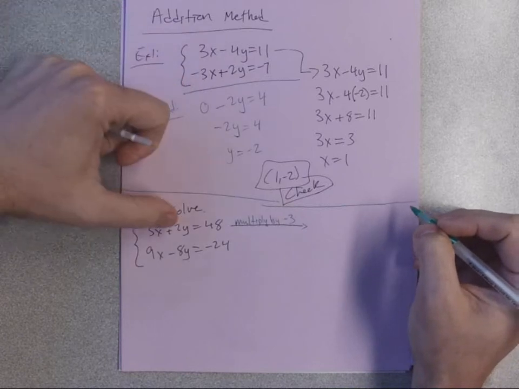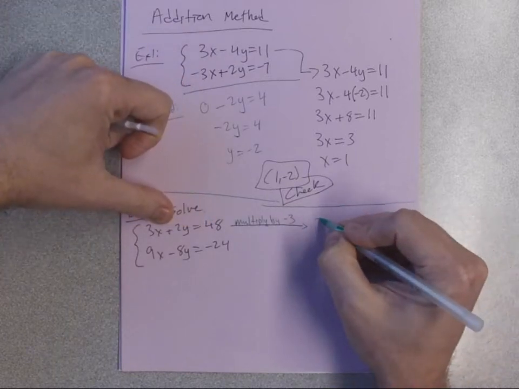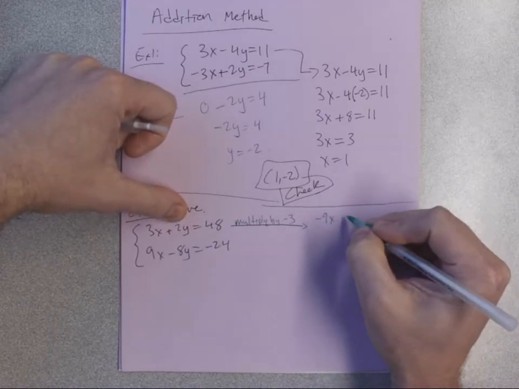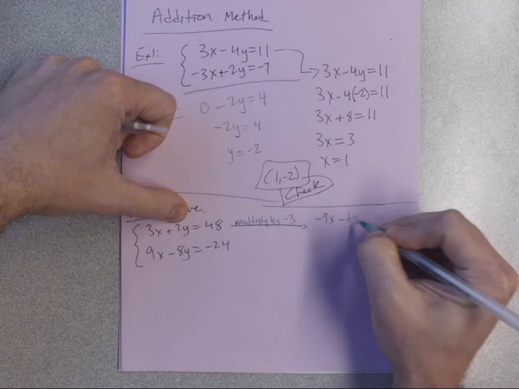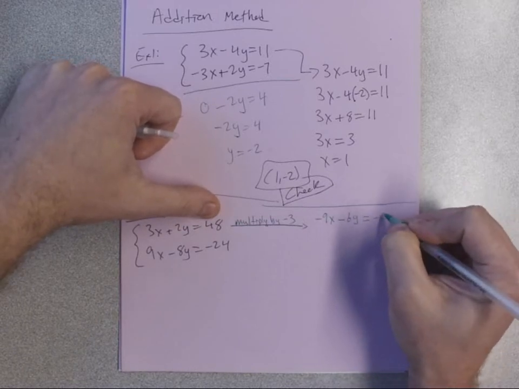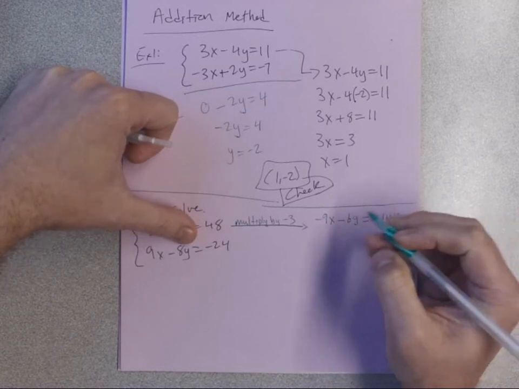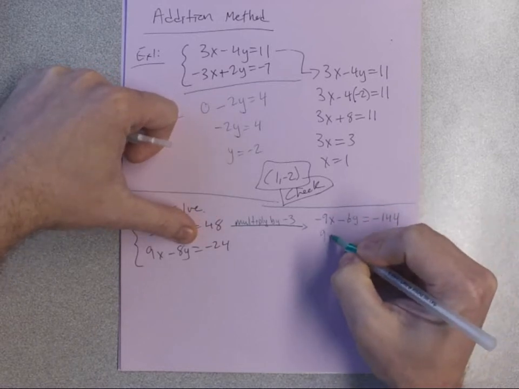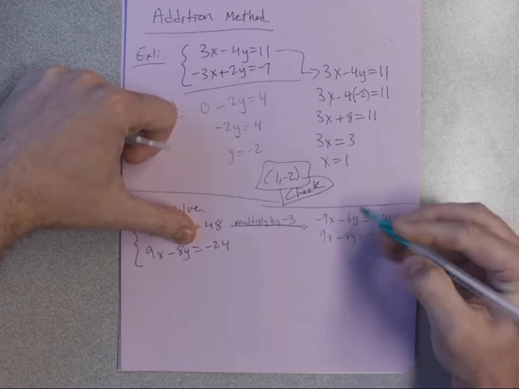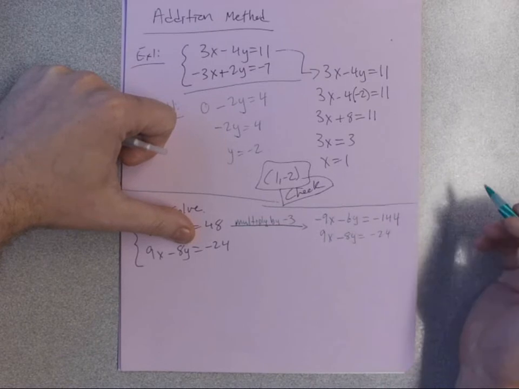When I multiply each term of this first equation by negative 3, I get negative 9x, and then negative 3 times 2y is a minus 6y, and that's equal to 48 times negative 3, which is negative 144. The bottom equation stays the same, because I wanted this negative 9x and this 9x to cancel each other out.